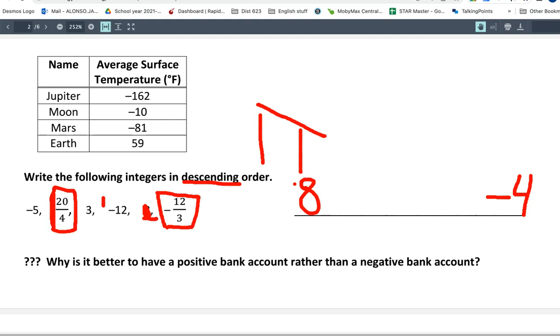So what are the numbers in between? Oh no, this one is the last one, -5. So I helped you with that one already. I helped you with this one, and I helped you with that one. The only thing that you need to do is find the order of these ones, and that's it.